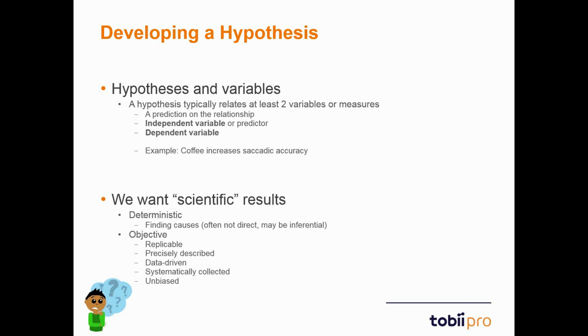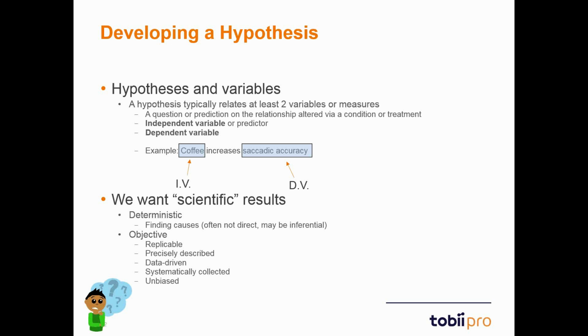For instance, I might make the claim that coffee increases saccadic accuracy. This could be empirically tested: we could expose people to coffee or no coffee, or caffeinated versus decaffeinated, and then measure saccadic accuracy.